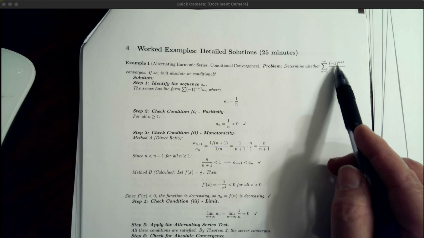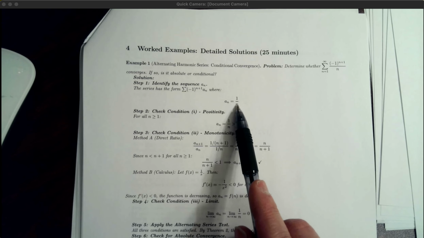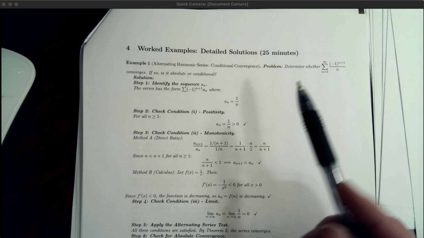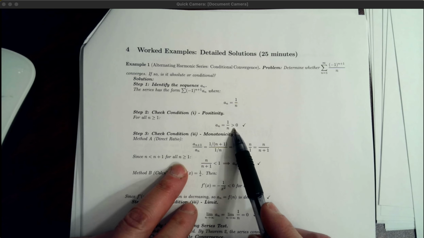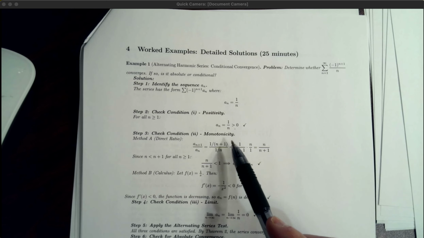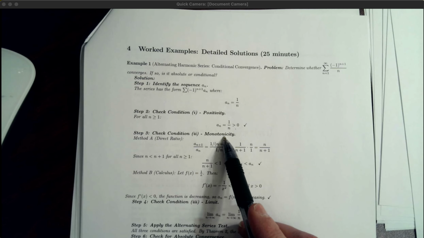So this is responsible for the oscillation. Okay, so the actual sequence that generates the alternating series is a_n equals 1 over n. Clearly, it's positive. Okay, we found it. It's positive. Good. Next, let's check that it's decreasing.